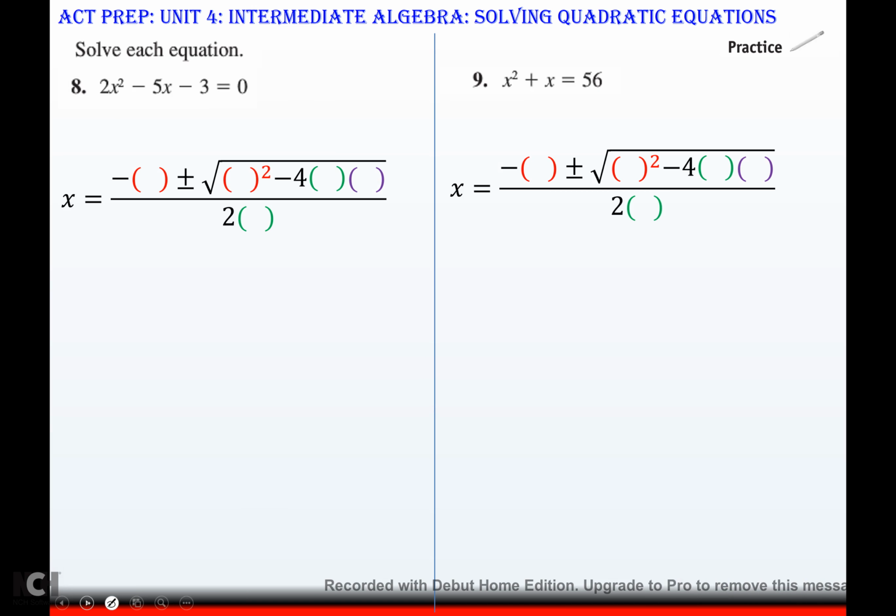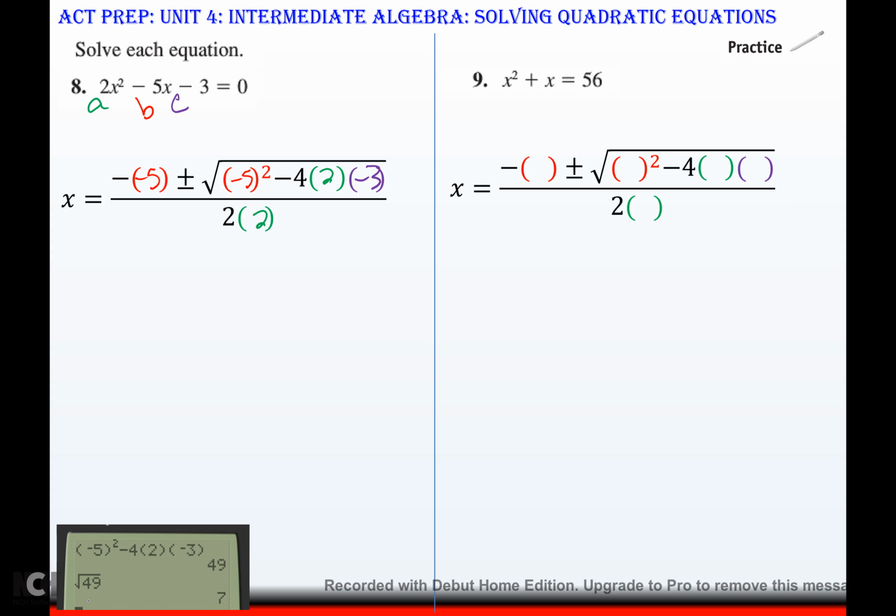Alrighty. Number 8, we're in standard form, so I can see that b is negative 5, that a is 2, and that c is negative 3. Typing just what's under the radical, I get 49.